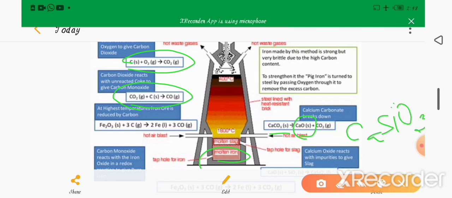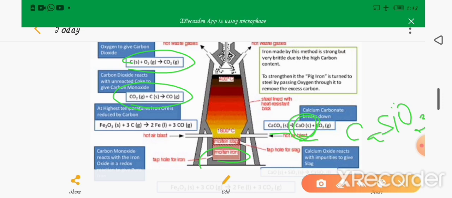It will be removed as slag. This calcium oxide combines with silicon dioxide to form calcium silicate. The calcium silicate is the slag and the silicon dioxide is the flux. So it will be removed.